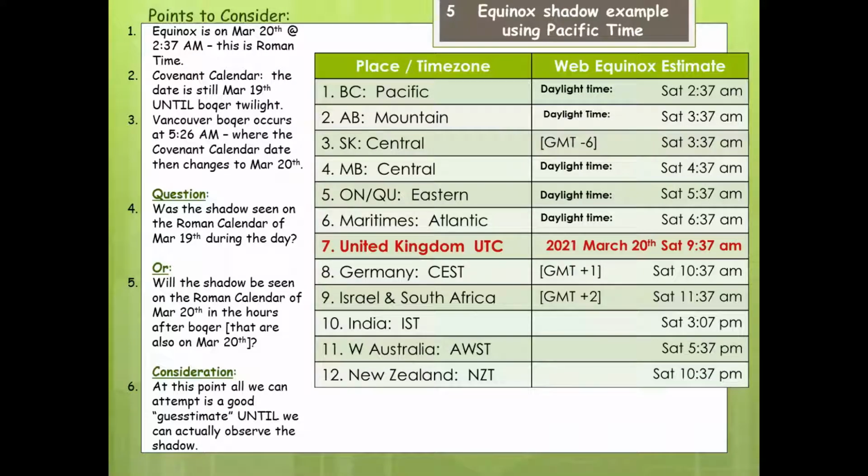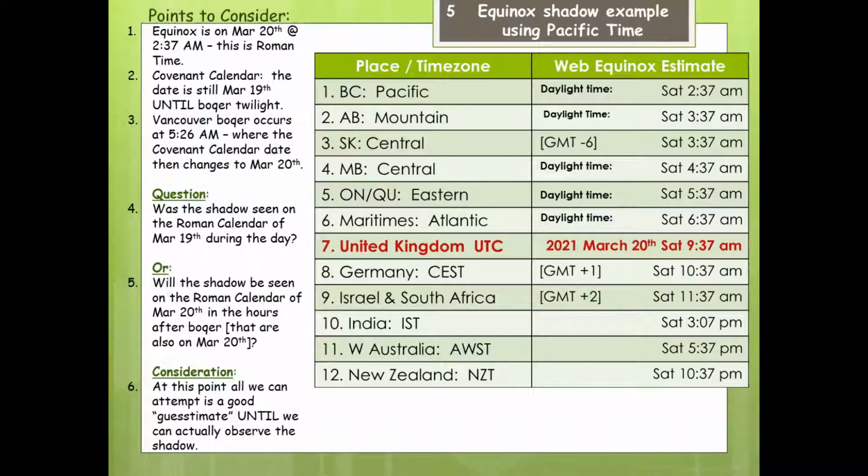So some points that we want to consider: we have to remember equinox is on March the 20th, 2:37 a.m. This is Roman time. That's what we're using for Pacific time zone, okay? In covenant calendar, the date is still March the 19th until you have the Boker twilight. That's when the 19th changes to the 20th for the covenant calendar.